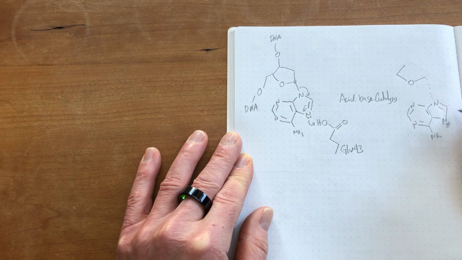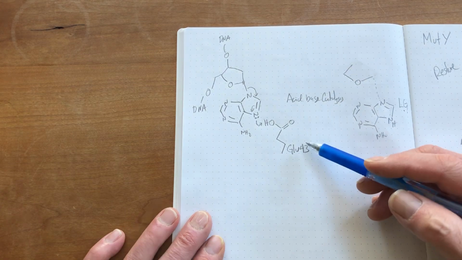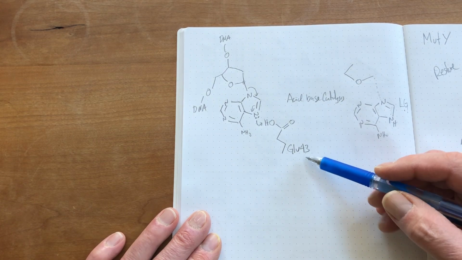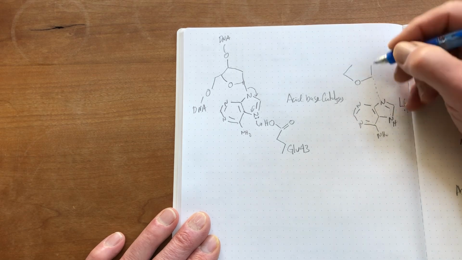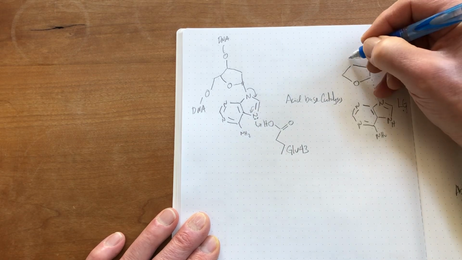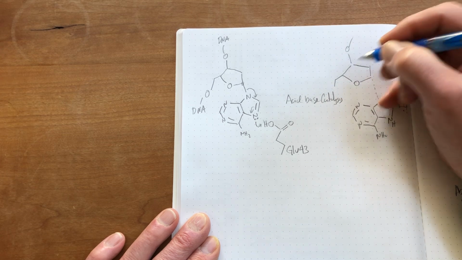And this is the leaving group, LG. And another way to think about what glutamate 43 is doing as an acid-base catalyst, it's protonating the leaving group, thereby stabilizing the leaving group properties, making it a more favorable situation for this to act as a leaving group.